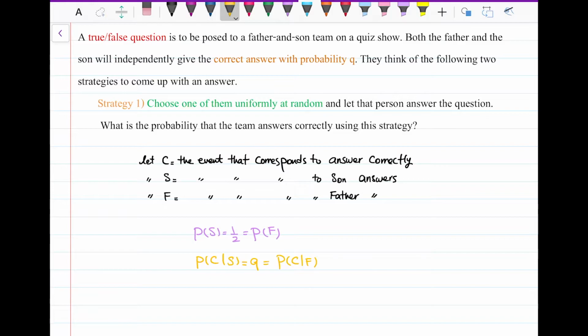Okay, so based on this information, we want to find the probability that the team answers correctly using this strategy. So we're looking for the probability of being correct.